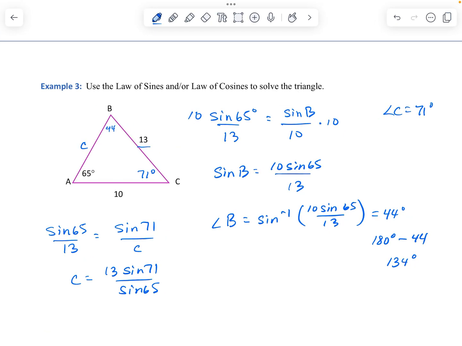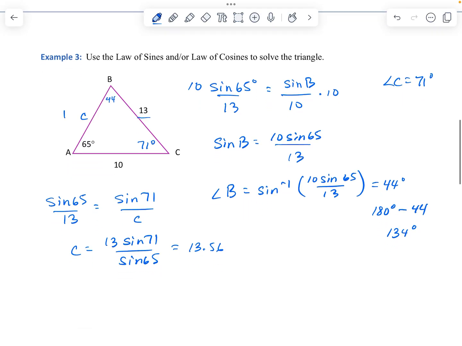So therefore side c is equal to 13.56. Just remember that when we talk about solving the triangle, make sure that you're figuring out all three side lengths and then all three angles.